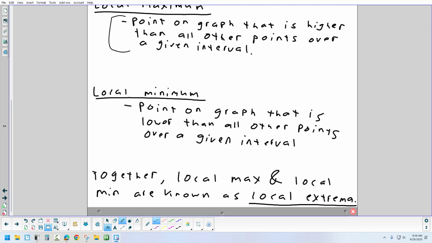And as I said before, local minimum or maximum are known as extrema. Now, because your slope hits 0 at a local extrema, when you take calculus, you'll learn how to find the local extrema without using a calculator and doing minimum or maximum. For us, we're going to do minimum or maximum.